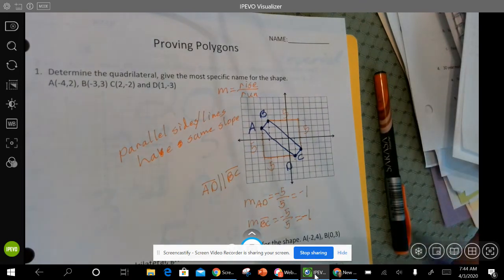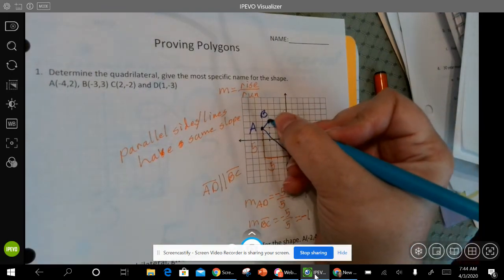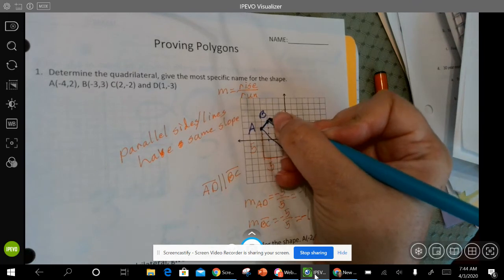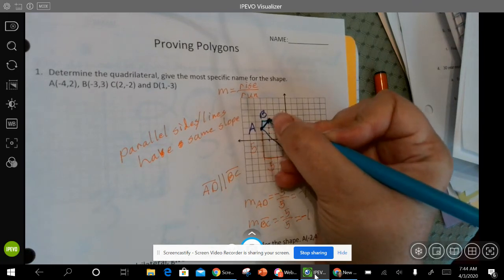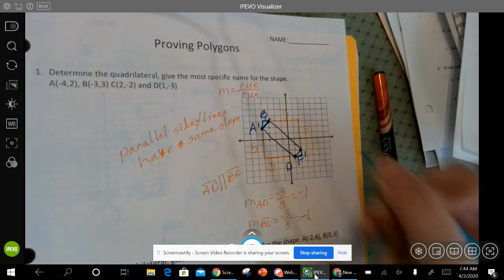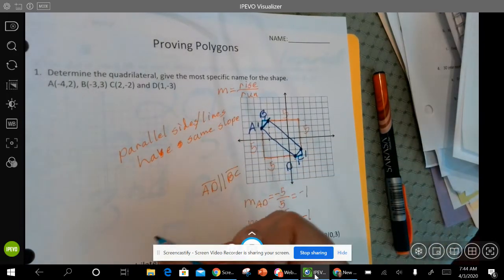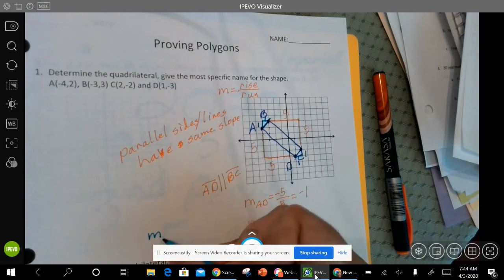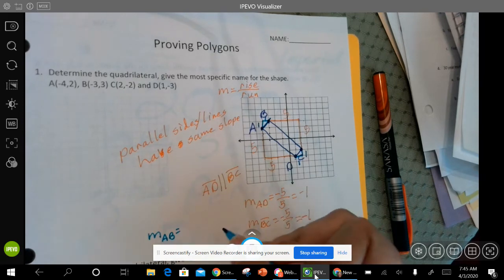So let's check another one. So if we look at this, okay, let's look at AB. So this one is positive. It's going up. So it's over 1, up 1, over 1, up 1. So remember, rise over run. So the slope of AB and also the slope of DC.